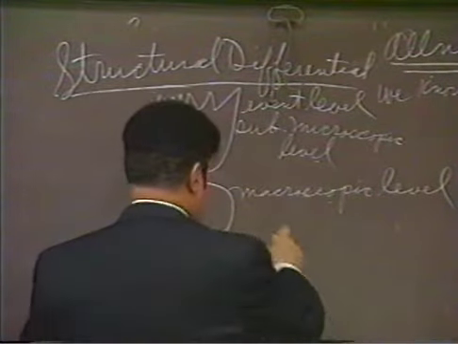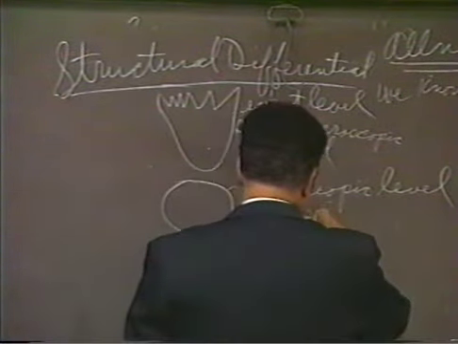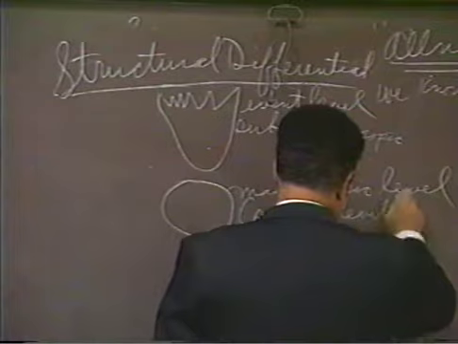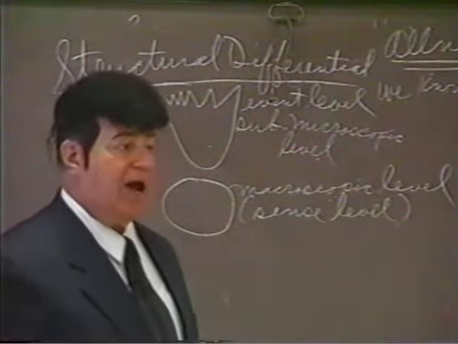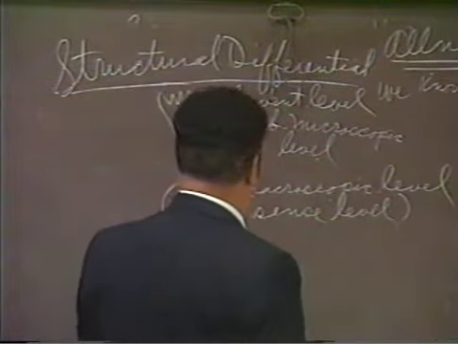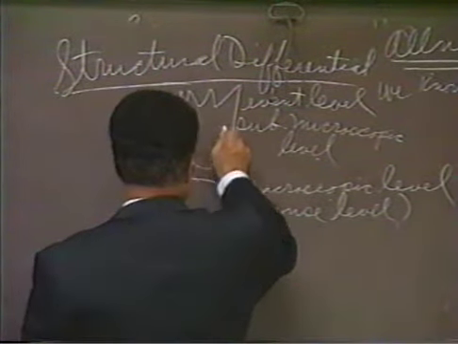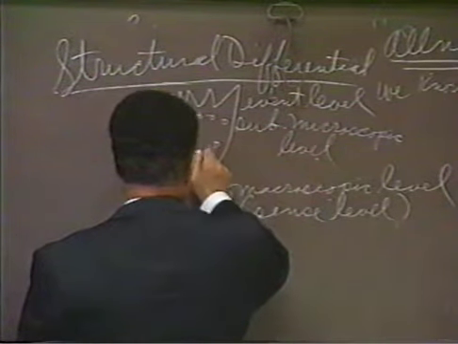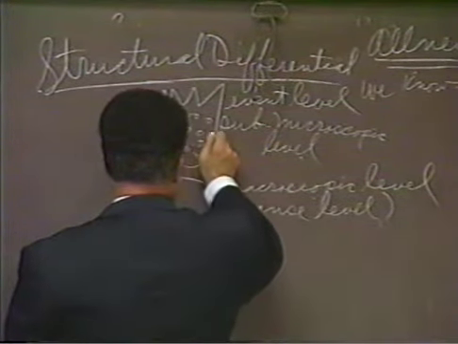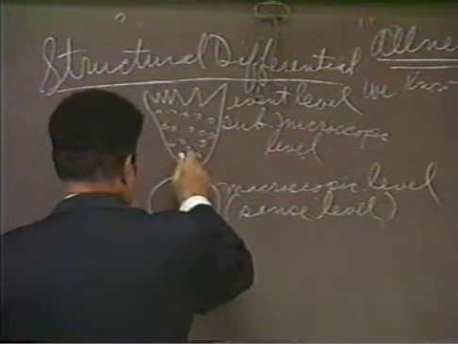This is the sense level. This is what we see. Well, where do we get the world of reality from? The human nervous system, and these are the characteristics of the submicroscopic level, the electrons, protons, and neutrons.